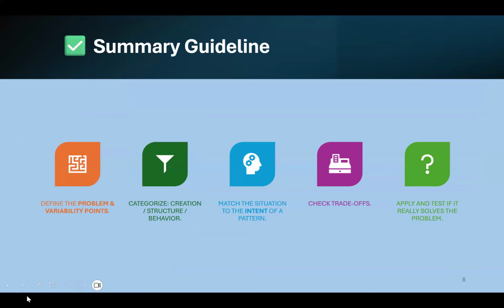So basically, you define the problem first. This is sort of a guideline checklist. Then categorize your problem, whether it is creational, structural, or behavioral. Then match the situation, then look at what is the best design pattern. Always check the trade-off. As I keep telling you, design patterns do not say that every time it is the best one.